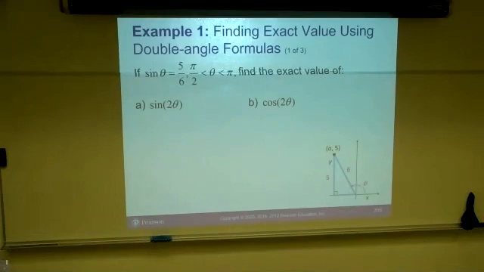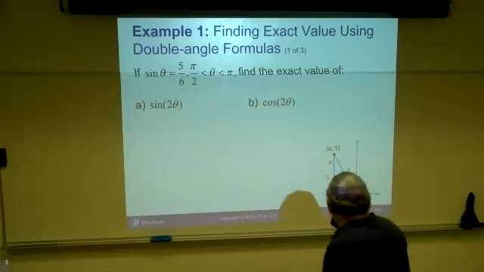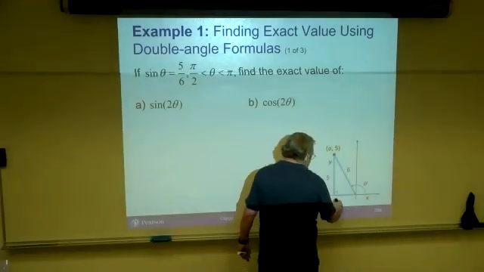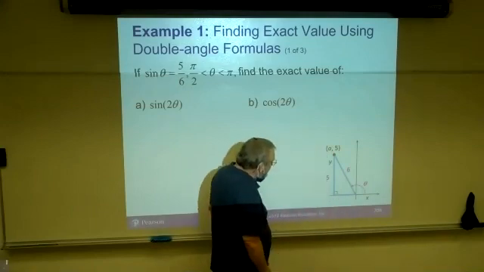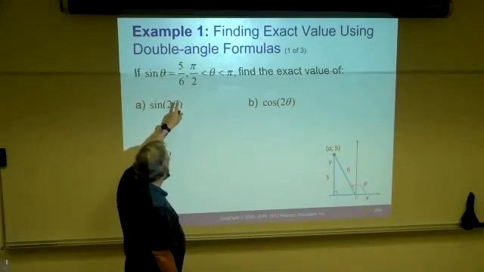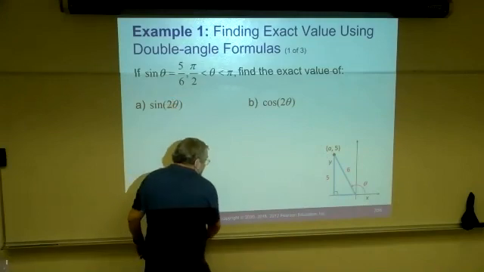So sine theta equals 5/6. And so the angle is between pi/2 and pi. So that's the second quadrant. And so they established a triangle here so they can do stuff with it.